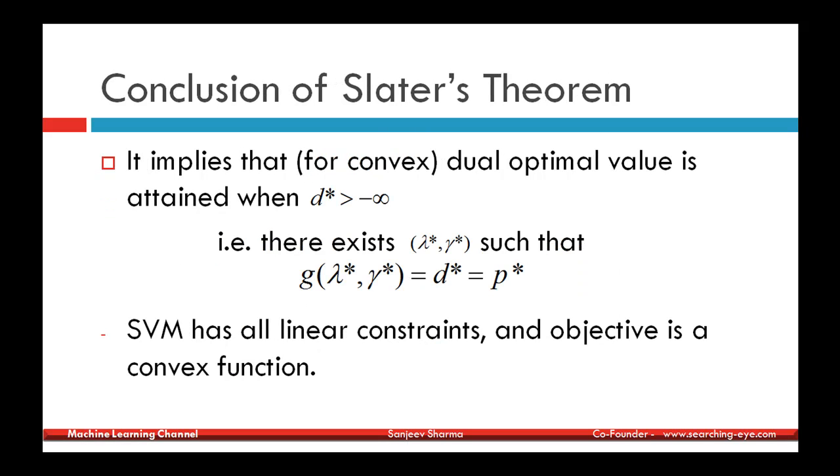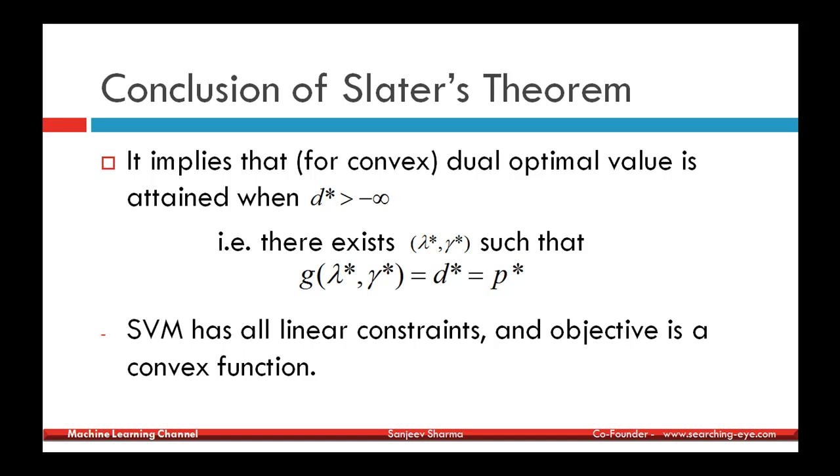So the conclusion of Slater's theorem is that for a convex optimization problem, the dual optimum value is attained when d star is greater than negative infinity. That is, there exist optimal Lagrange multipliers or optimal dual variables denoted by lambda star and gamma star, such that g of lambda star comma gamma star equal to d star is equal to p star.